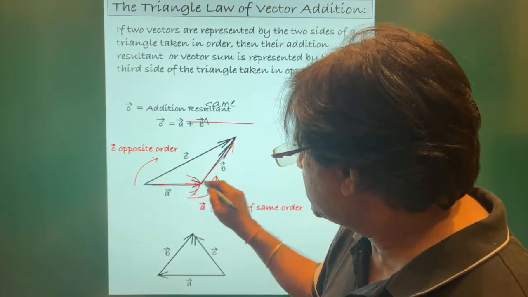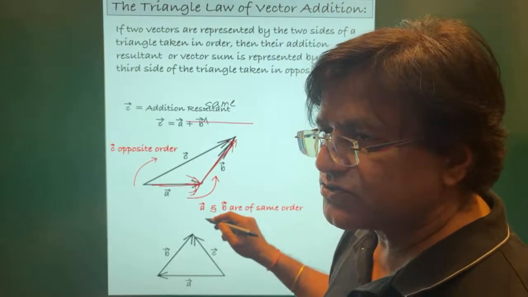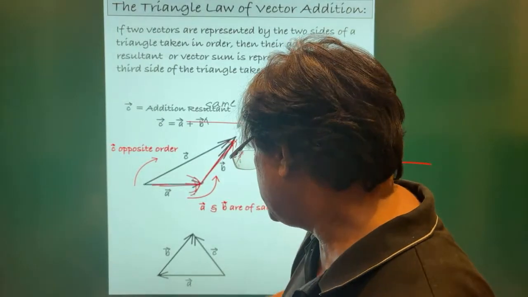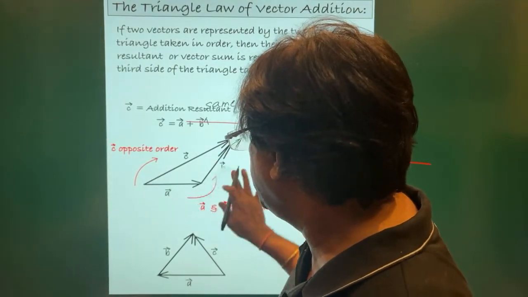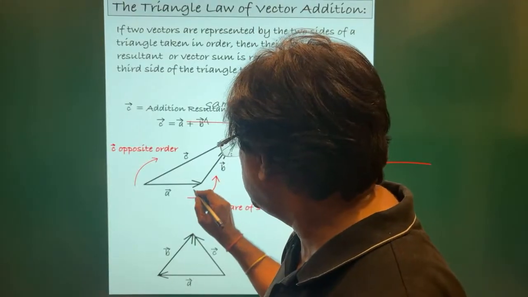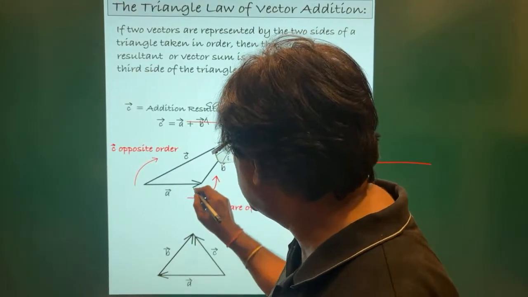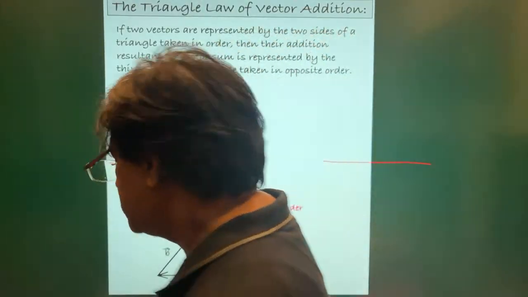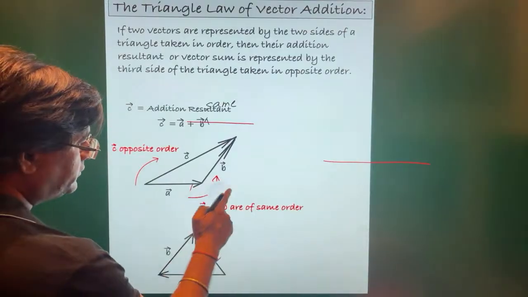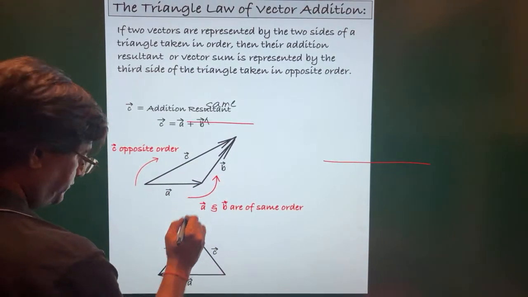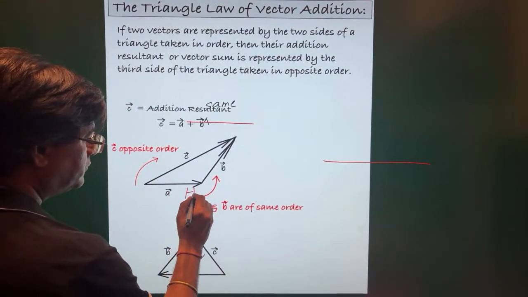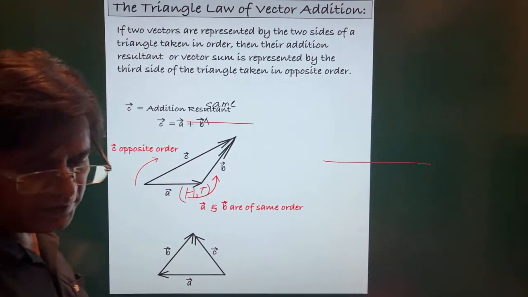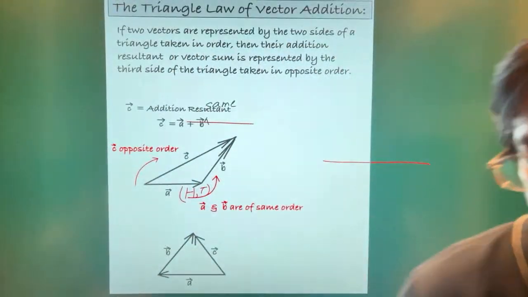Same order means when A ends, B starts, right? That means the head of A matches with the tail of B. That means same order. When A ends, B starts, right?